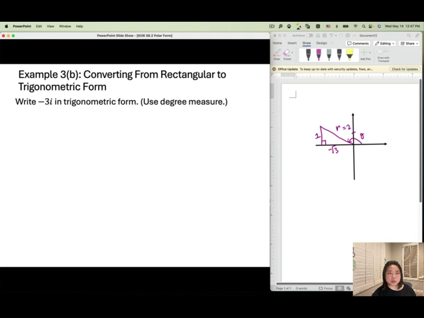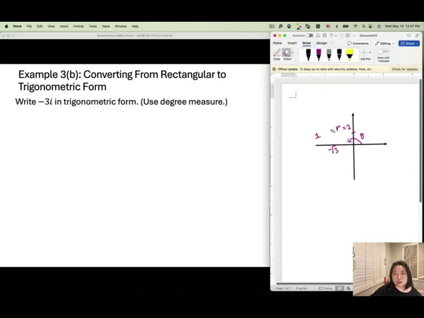Okay, 3b, write negative 3i in a trigonometric form. I want you guys to try. What is x equal to? Okay, negative 3i means x equal to 0, y equal to negative 3.